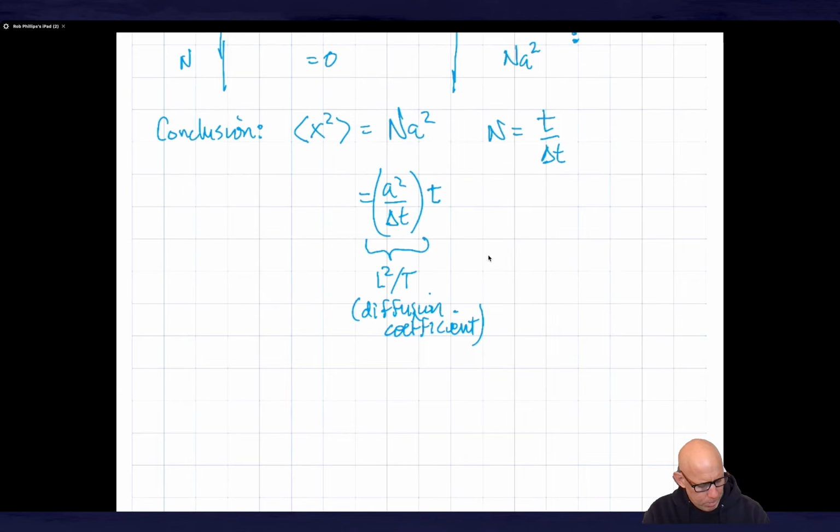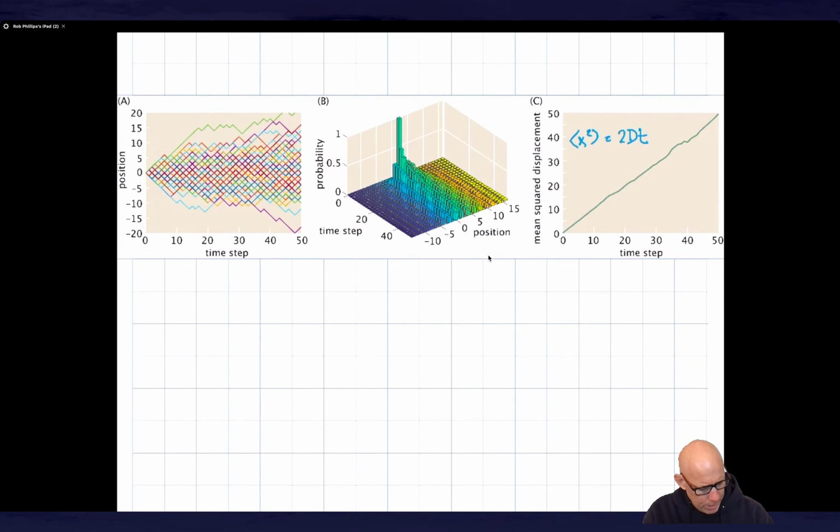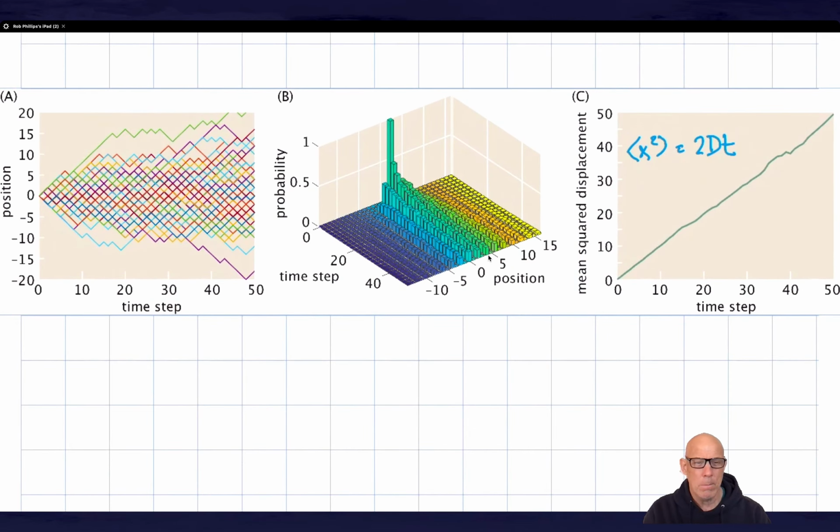So as I said before, if you were to take up a simulation, which you will, what you'll find is shown on the right, which is plotting the mean square displacement as a function of number of time steps elapsed.